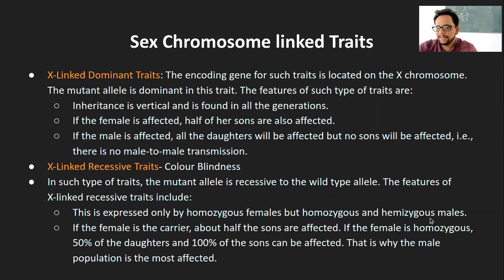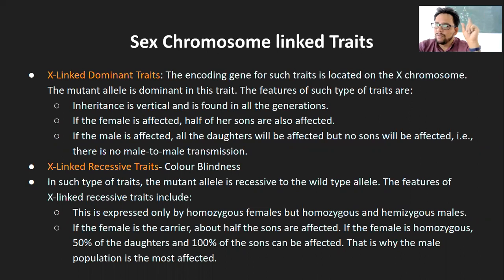Now, what is this hemizygous? Coming to the question which Janvi asked, in females we have XX, which can be homozygous or heterozygous. That means they are carrying the same allele on both X chromosomes, or they are carrying different alleles. If it is the same, we call it homozygous. If it is different, that is heterozygous.